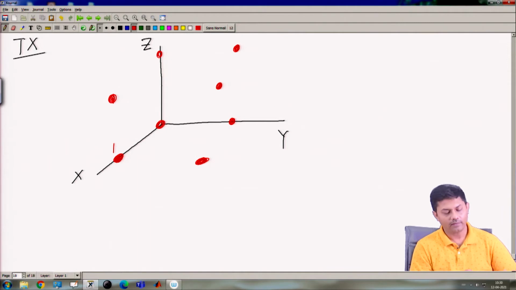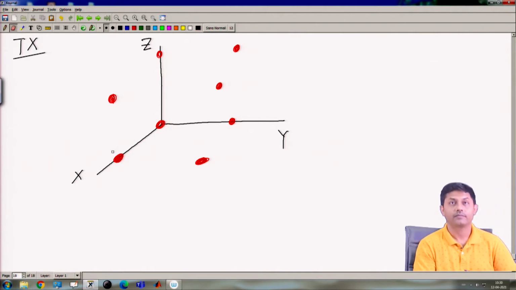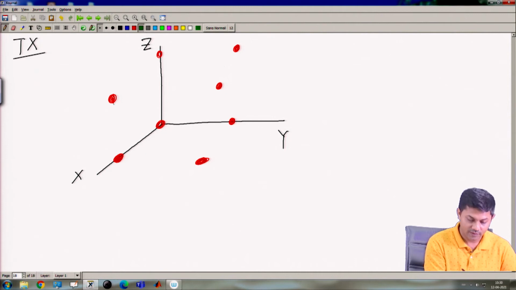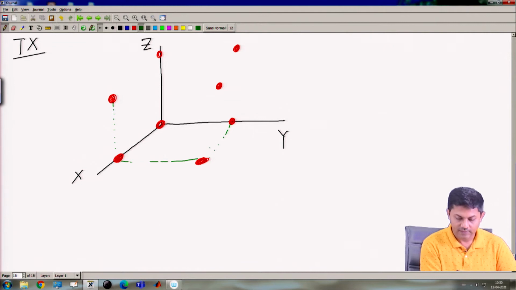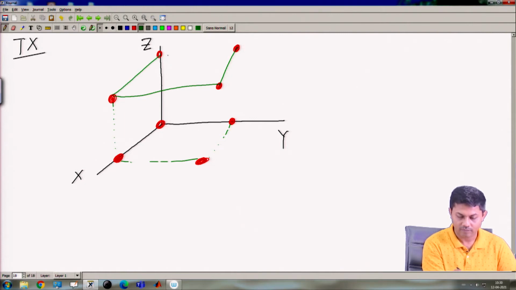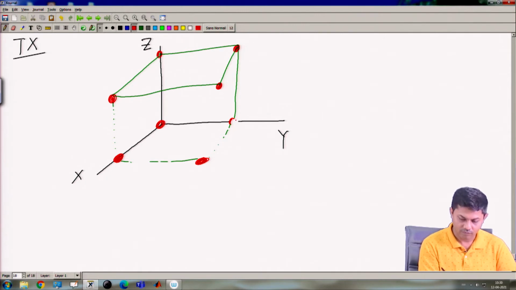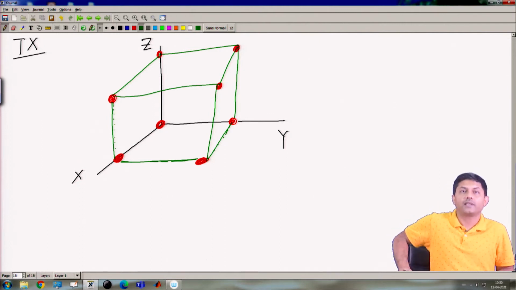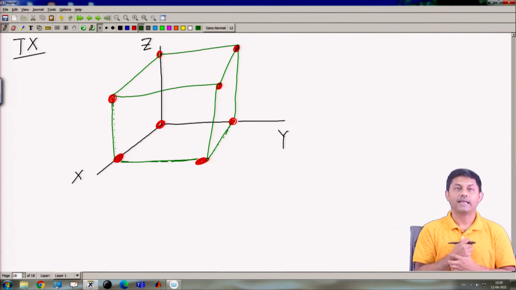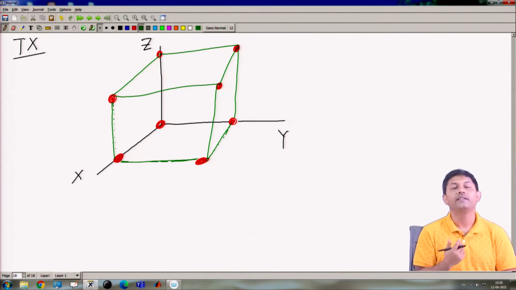So, basically you can think this is more of a 3-dimension kind of thing. So, let me just try to join it, see if I can create some sort of a shape here. Yeah. So, this is in a box my antennas are there. So, this is 3D configuration.